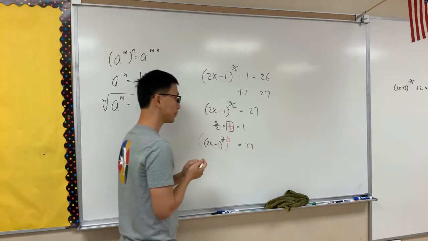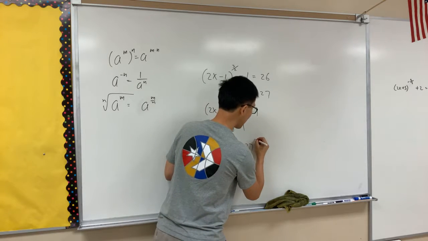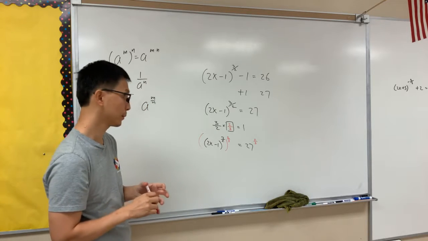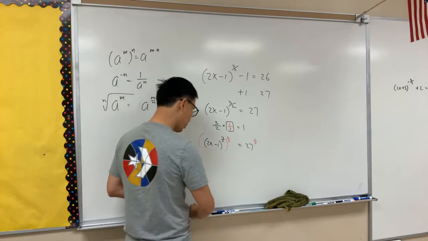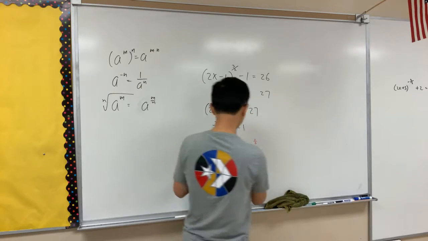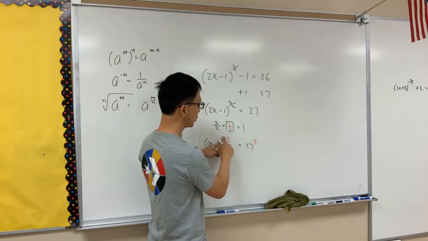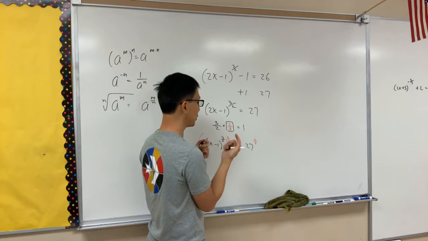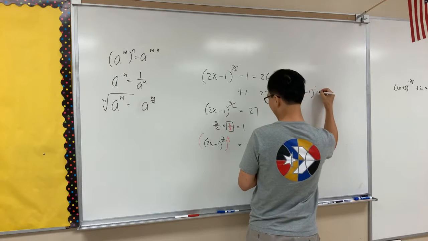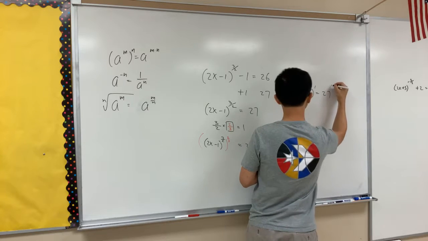Do you see that? If we do it to this side, we must do it to the other side. And that's going to cancel out. We're left with this one multiplied by this one: 3 times 2 is 6, or 3 cancels with 3, 2 cancels with 2, and it's going to be 1. So it'll be 2x minus 1 to the 1 power, and that's equal to 27 to the 2 over 3.